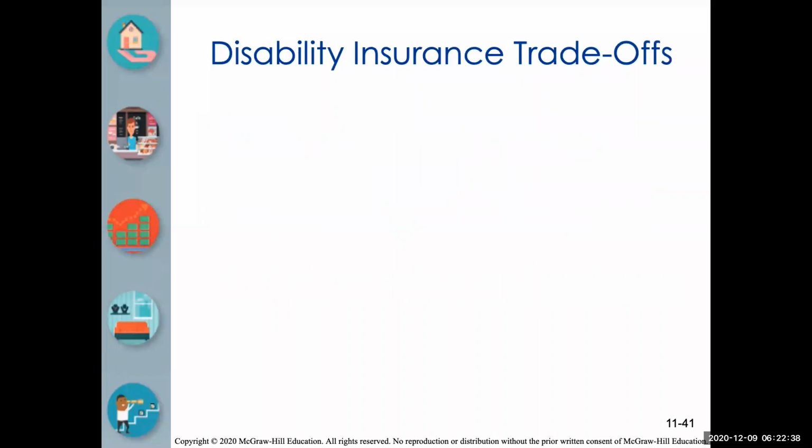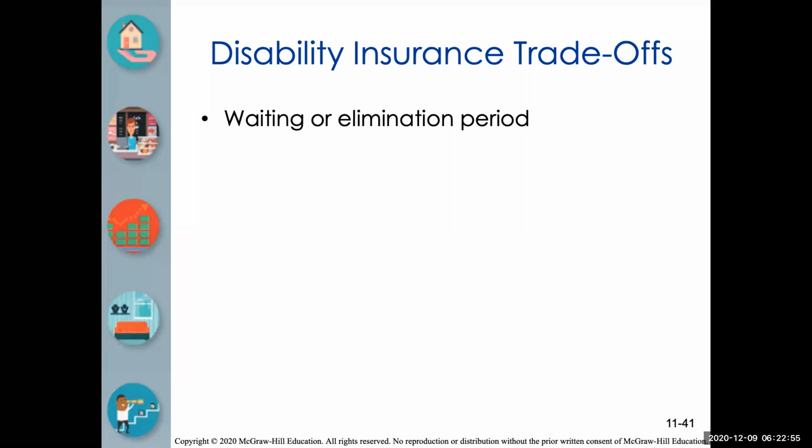Just like in the basic healthcare insurance plans, we've got trade-offs with disability insurance. A waiting period, what we call an elimination period, meaning there's a period of time after you file for the benefits from this insurance plan where you have to wait before the benefits start getting paid out.